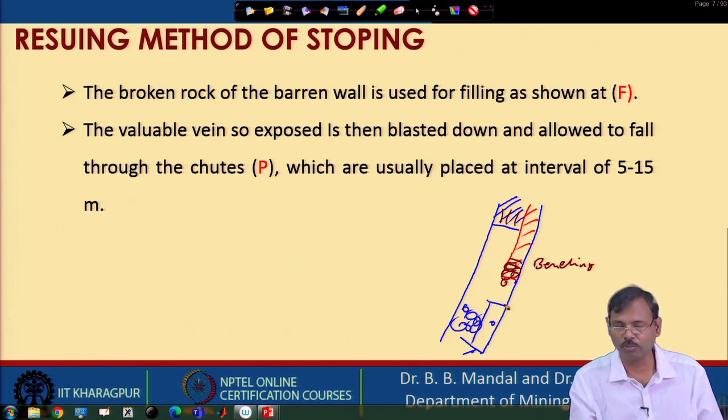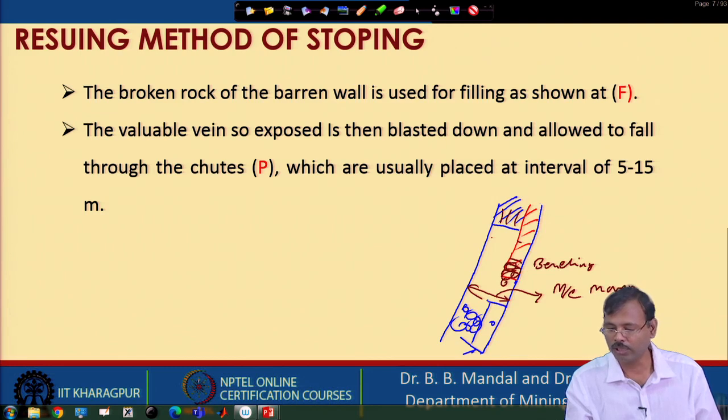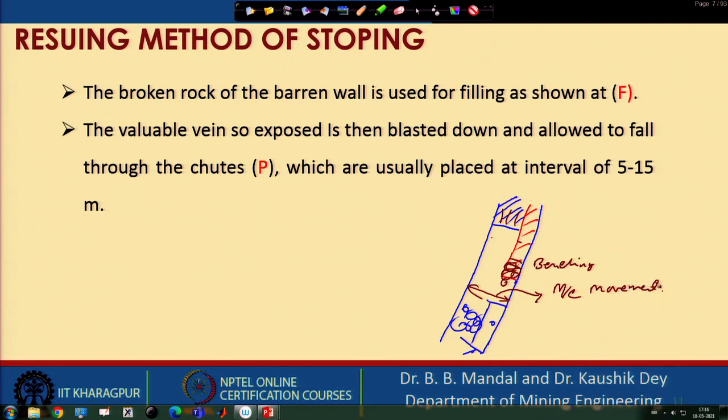Some rock falls automatically into this, and some is guided or pushed using manual labor or small machines, because the operation of a large machine is not allowed with this dimension. So, if this is very narrow, a little bit of additional rock is excavated. That is why sufficient dimension for machine movement is created in this particular case.